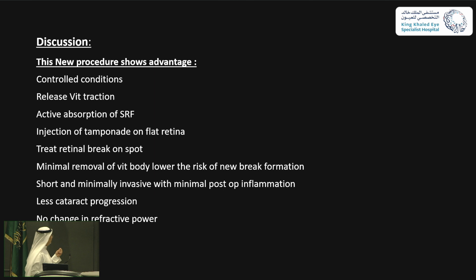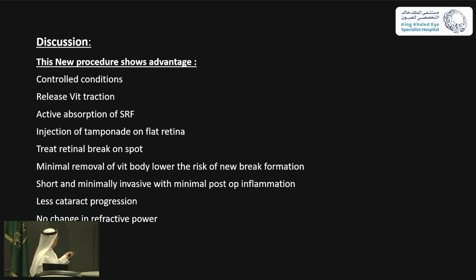So we can say the advantage of such a procedure is that it is a controlled condition. So you control all the conditions in this procedure. You remove the traction, aspirate the fluid. On the spot, we do cryo or laser, then we tamponade with intraocular gas.